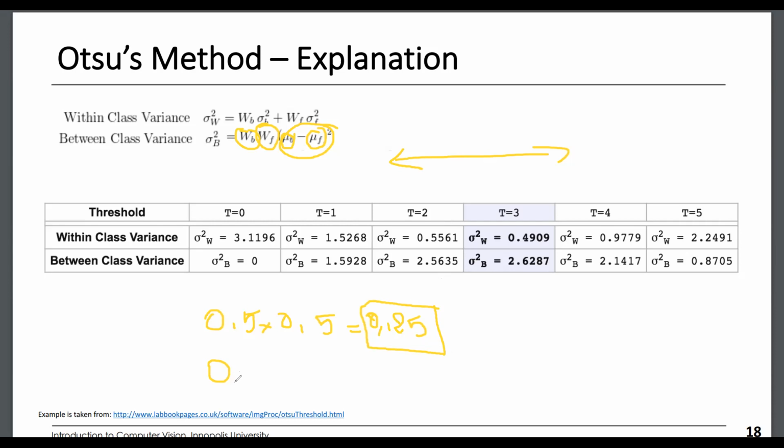Okay. 0.9 multiplied by 0.1. How much is this? 0.09. So basically, if their sum is equal to 1, then the highest value for the multiplication will be 0.5 multiplied by 0.5.